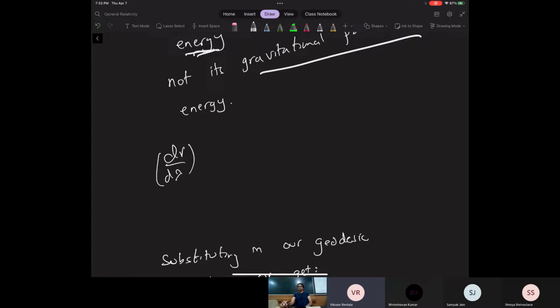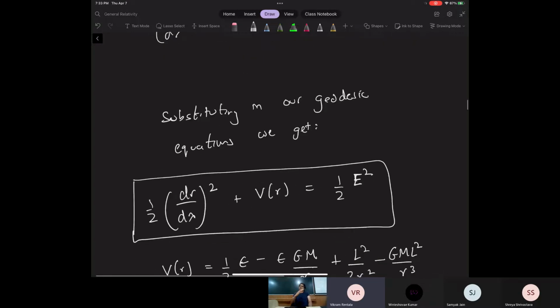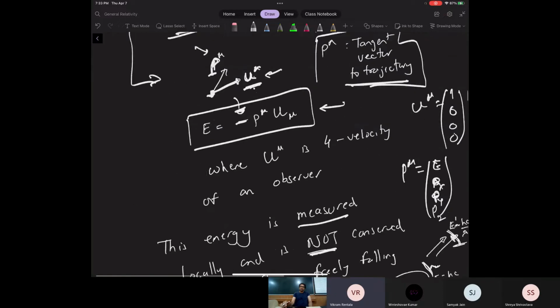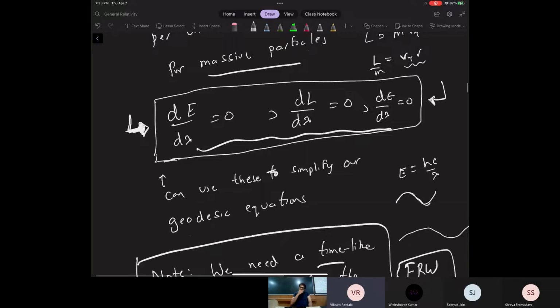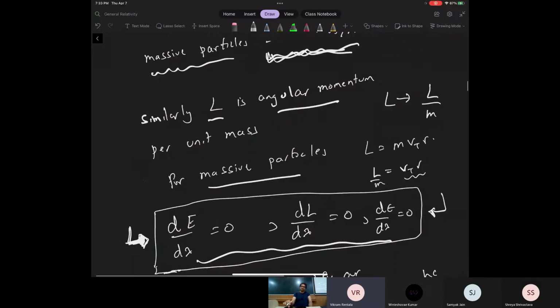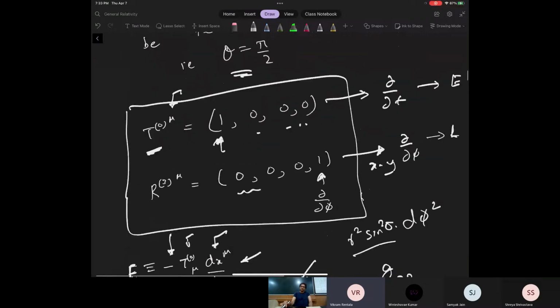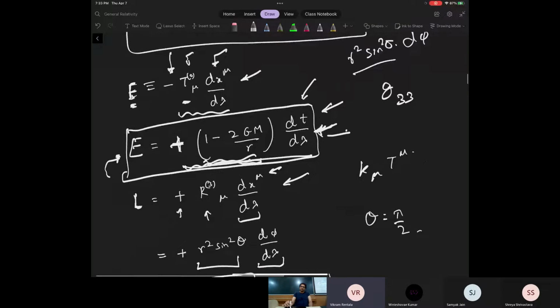We'll also maybe use the others, but at the end we can simplify by using these conserved quantities. By using these conserved quantities, we can eliminate things. For example, if I look at d by d lambda, this is 0. If I look at this equation and differentiate with respect to lambda, that tells me that d by d lambda of (1 minus 2GM by r) times dt by d lambda is 0.